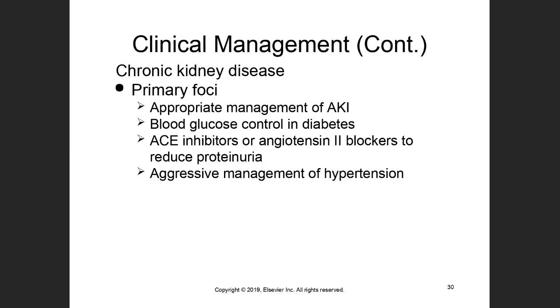Those are basically the best medications that we could use in patients with kidney problems and also in diabetic patients. Remember that diabetes leads to kidney problems. So if you have a patient with diabetes and hypertension, you put them on those medications.